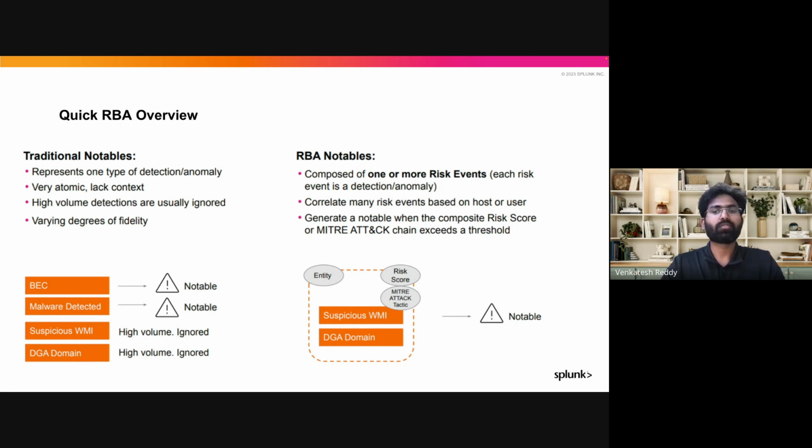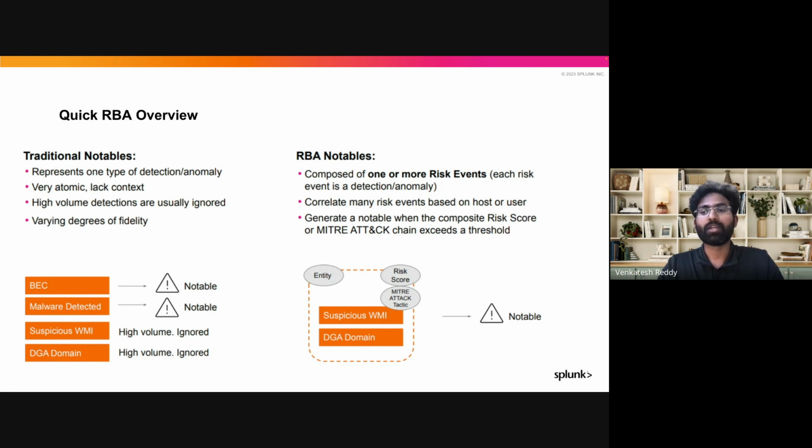So with RBA, instead of having atomic alerts, we have notables that consist of one or more risk events, which we are grouping. We correlate and aggregate events together, and only generate a notable when the aggregated risk is higher than the threshold.